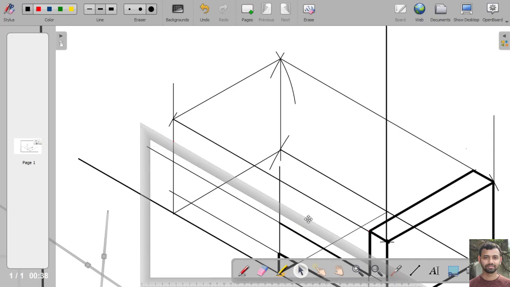Now we have to draw the isometric line. Okay, so we have drawn the isometric line.